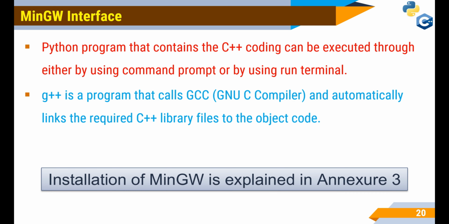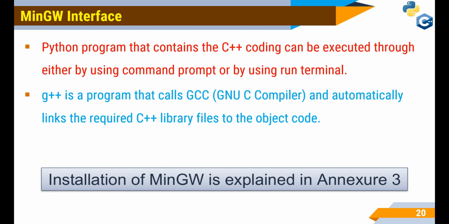Okay, here now a Python program that contains C++ code can be executed either by using the command prompt or by the run terminal. Here g++ is a program that calls GCC, the GNU C Compiler, and automatically links the required C++ library files to the object code.